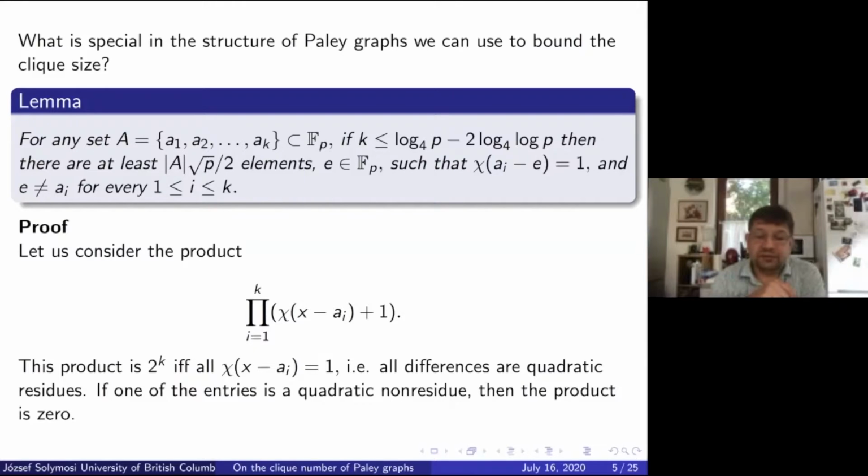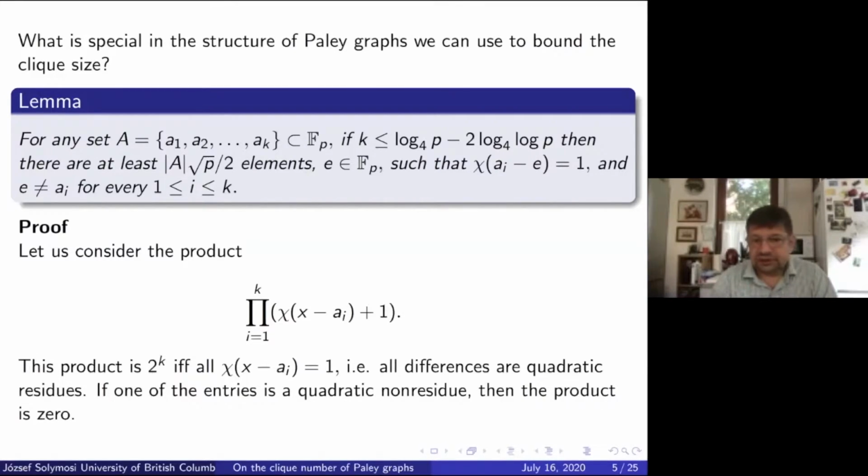And if they are all quadratic residues, then this product is 2 to the k. So this will be our counting function, but let's see how to deal with such a thing. There is also the other case when a_i is x. So x is one of the a_i, but that's a very small error, we don't have to worry much about it.